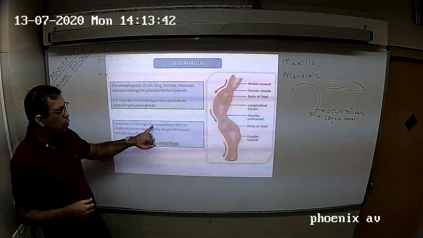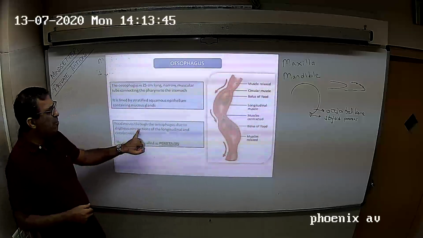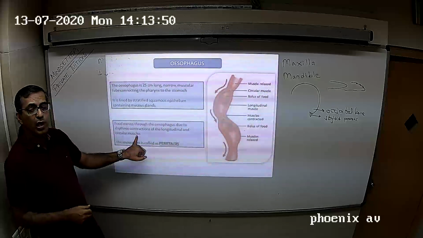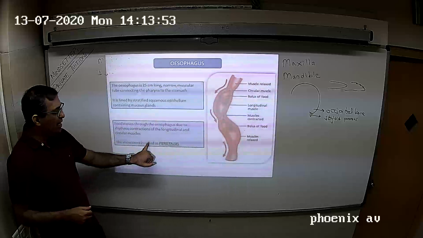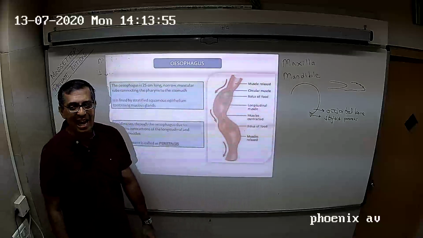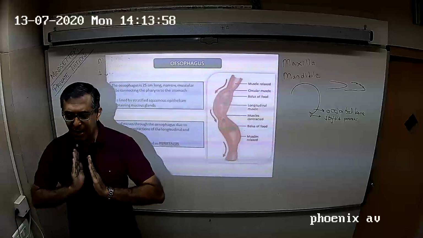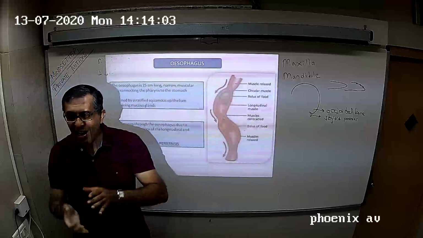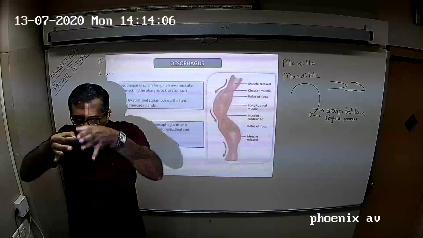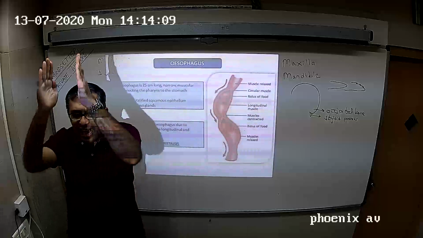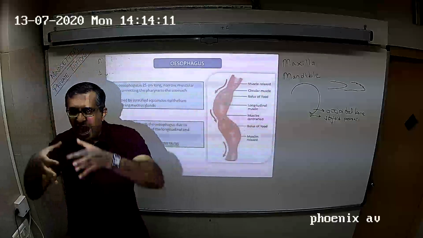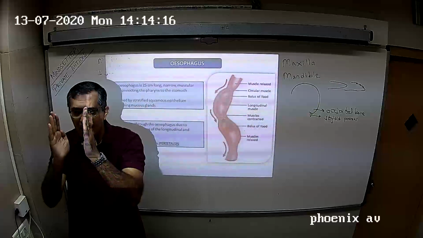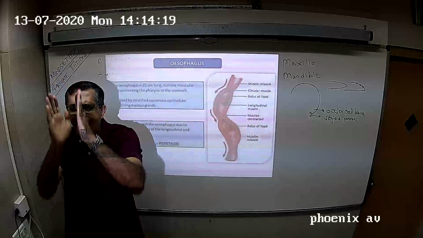And food moves through esophagus due to rhythmic contractions of longitudinal and circular muscles, and this movement is called as peristalsis. आपके esophagus में there are longitudinal muscles and there are circular muscles. So entire esophagus has longitudinal muscles and circular muscles, and it is these longitudinal muscles which will move up and down.